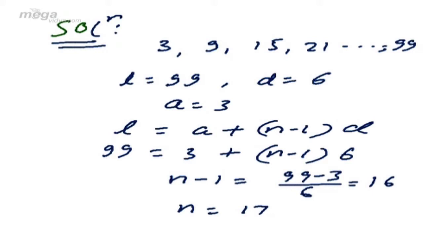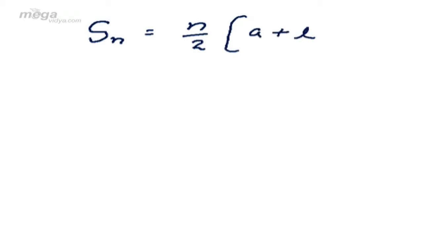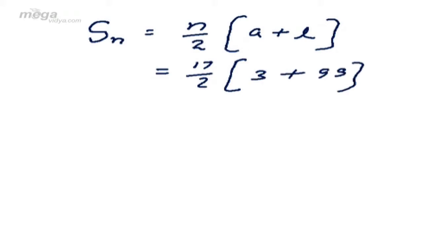But we have to find the sum of n terms. Because of this, I use the formula for the sum of n terms. You know, Sn is equal to n by 2 into first term plus last term. Here n is 17, so 17 by 2, the first term is 3 and the last term is 99.